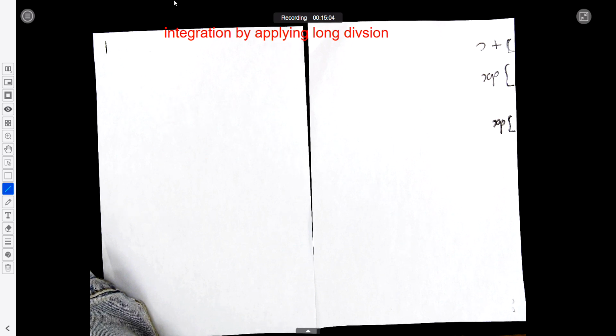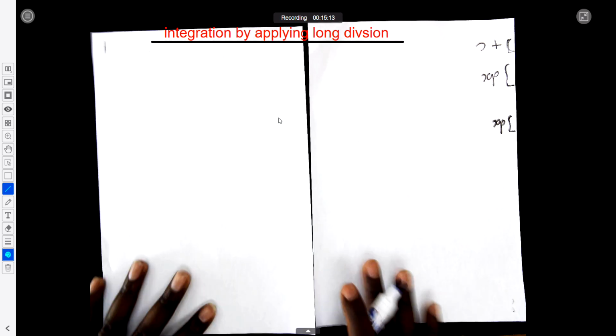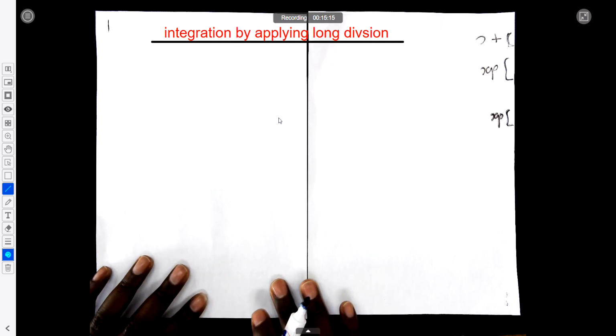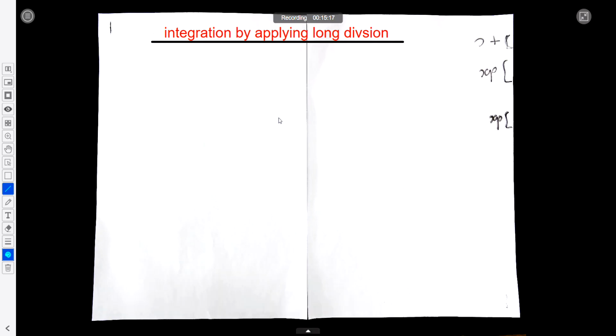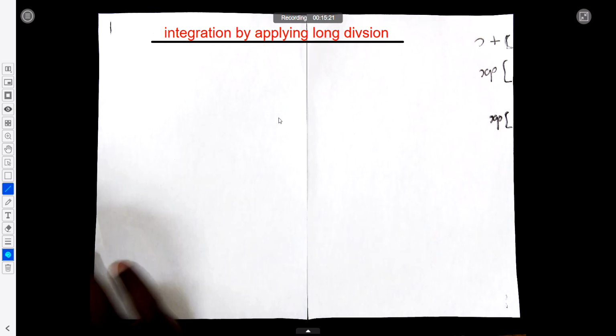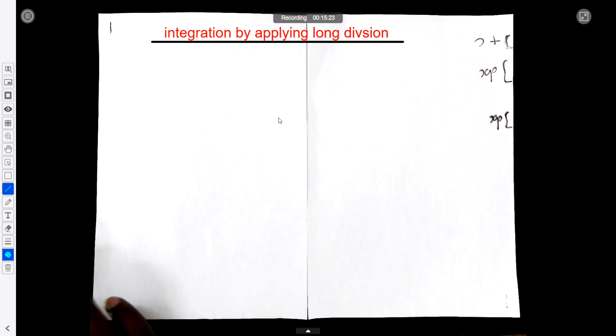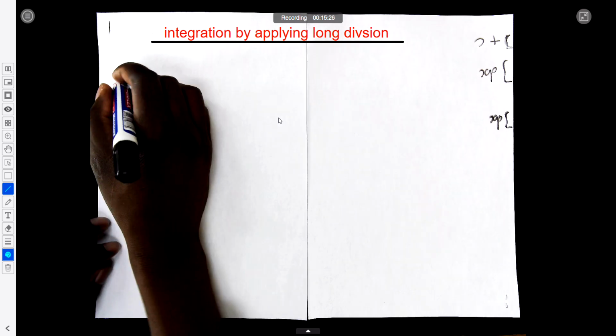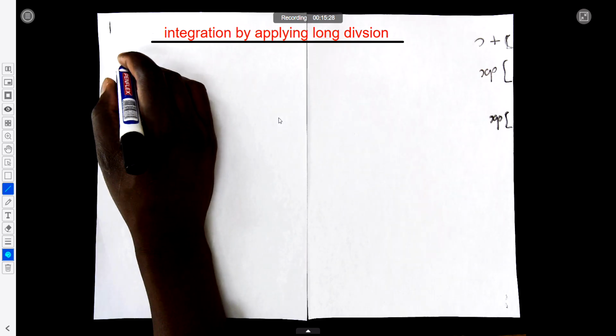So I want us to look into division by applying integration by applying long division. I just want to take an example.